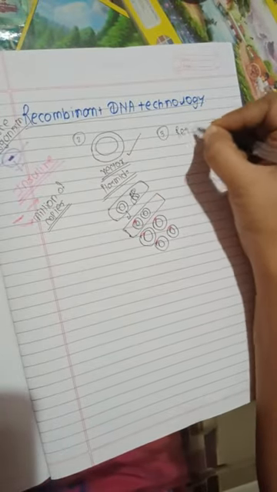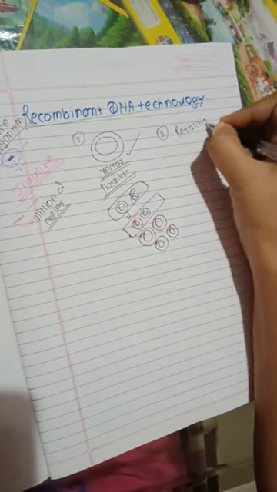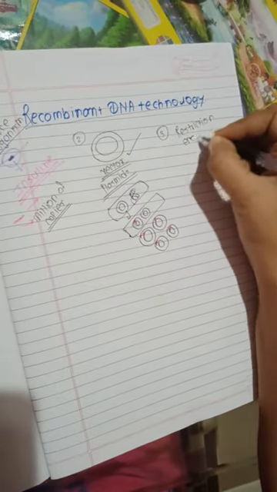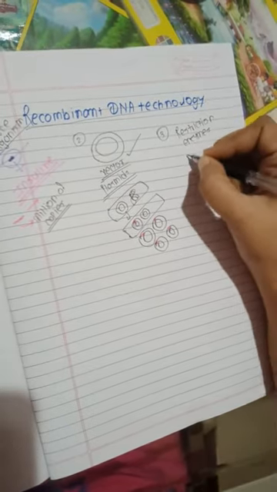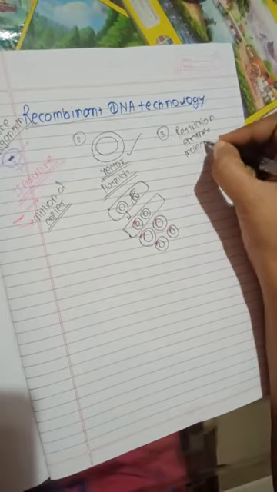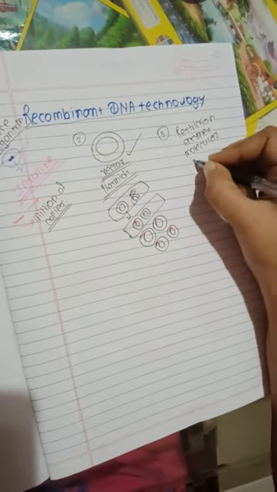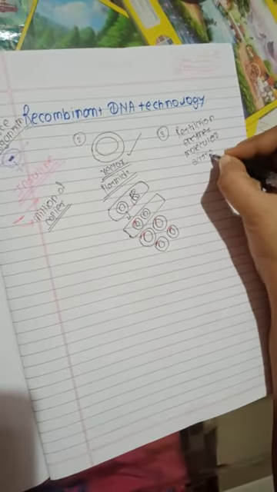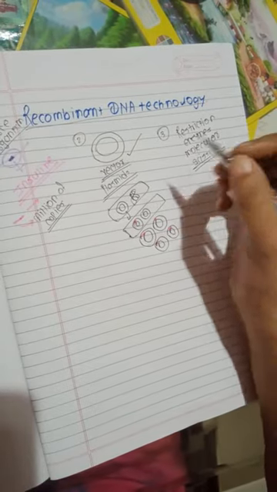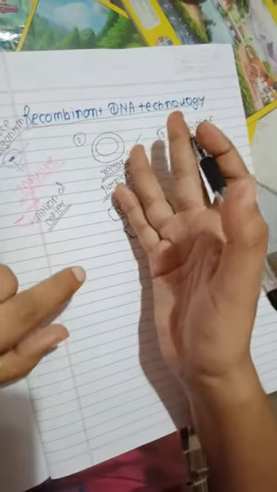The first thing we want is our gene of interest, the second thing we want is our vector, and the third thing we want is restriction enzymes. So what are these restriction enzymes? We call them molecular scissors. You are not going to take the whole gene, only the gene of interest is required, and you are going to cut and paste it here.